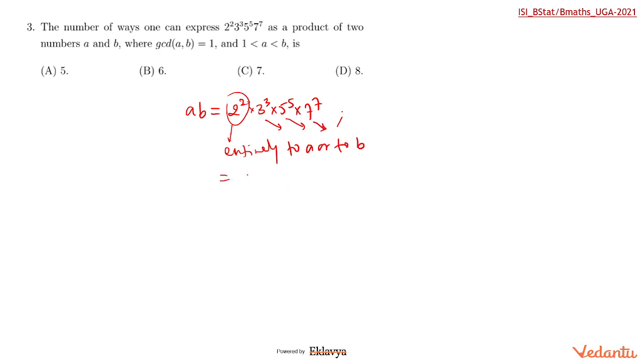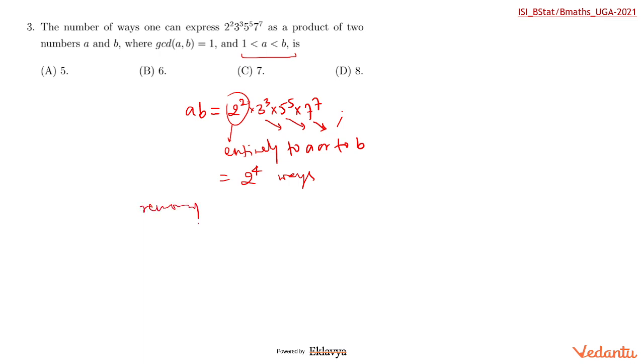So there are 2 raised to the power 4 ways to use these primes entirely to A or to B. But here, as we see, this condition is there, so we will remove those cases.